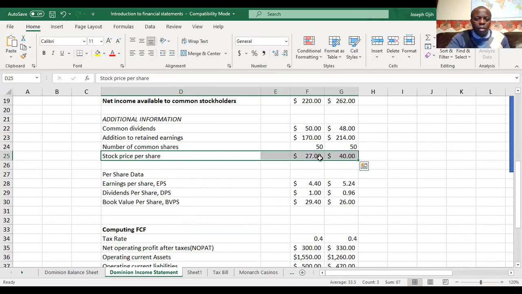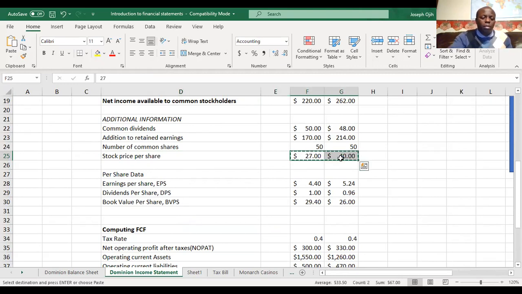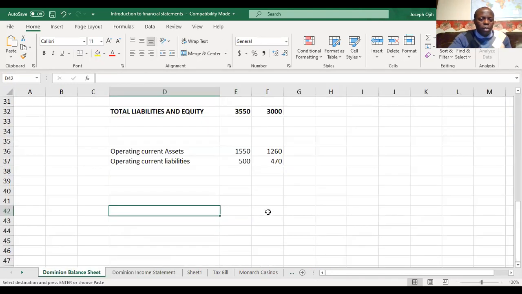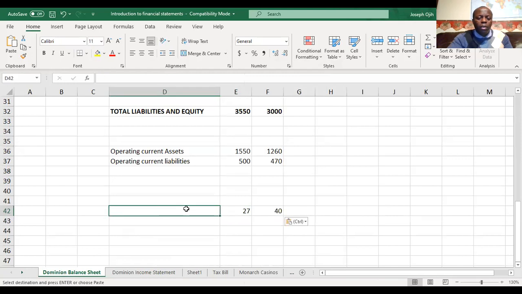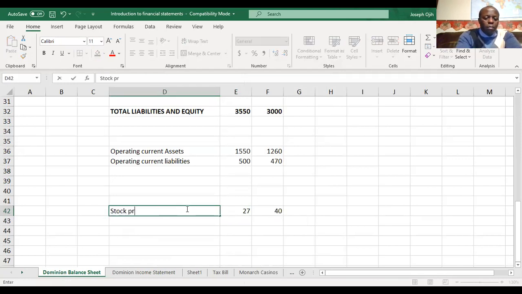Let me copy just this one. Okay, I put it in the balance sheet right here. Paste it. Make sure you choose numbers. So this is our stock price per share.